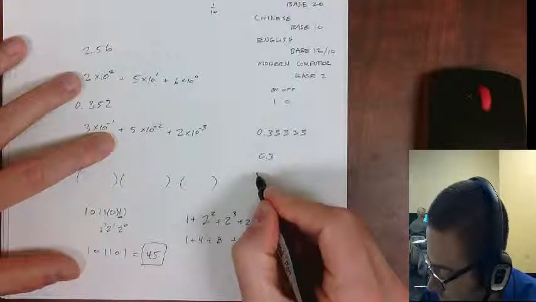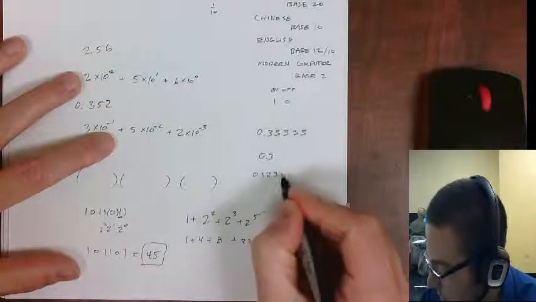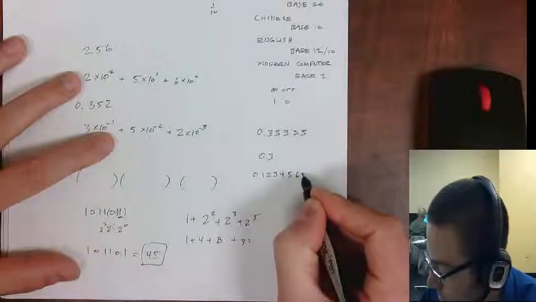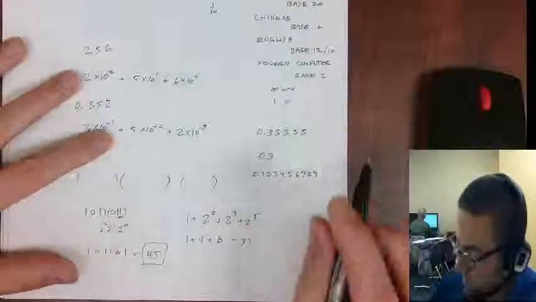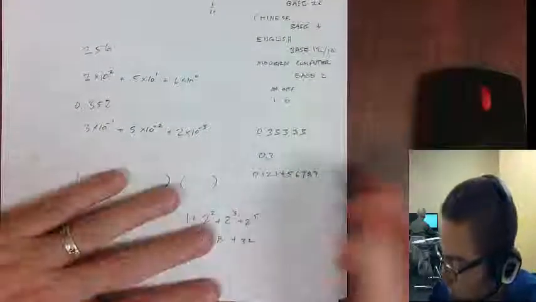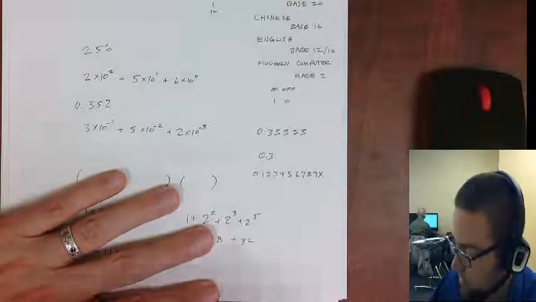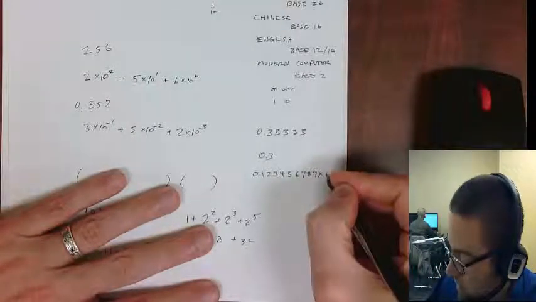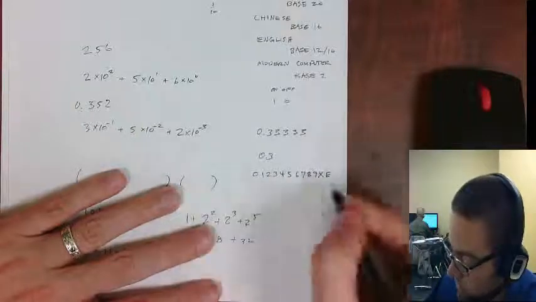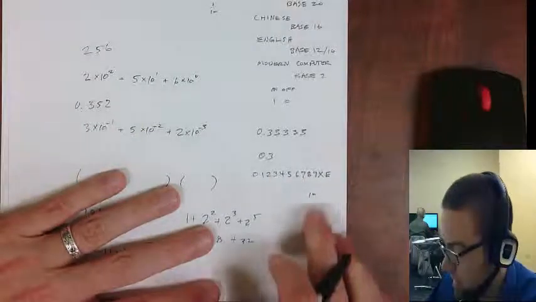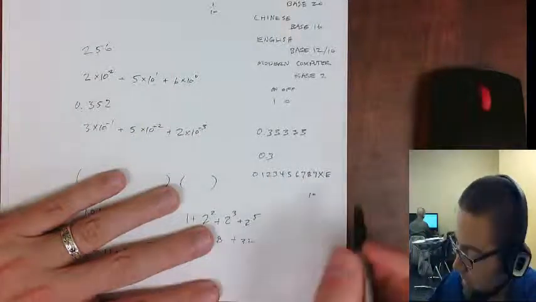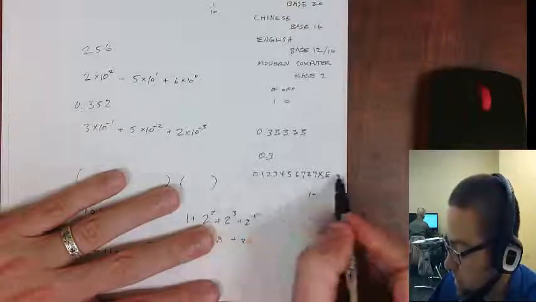So we go 0, 1, 2, 3, 4, 5, 6, 7, 8, 9. And instead of 10 going to that next place, we have to make up a new letter. So for base 12, we will use X for 10 and E for 11. And then 12 would be the next place over. Okay, so this is a little bit confusing to people that haven't grown up with it.